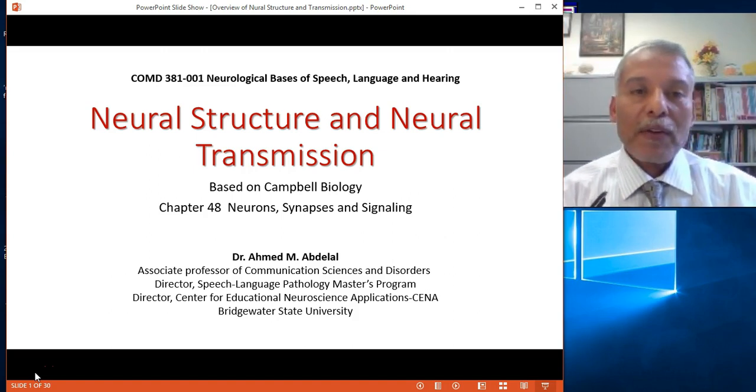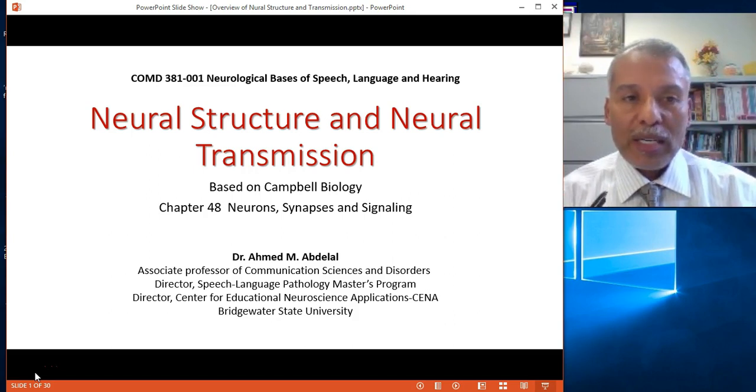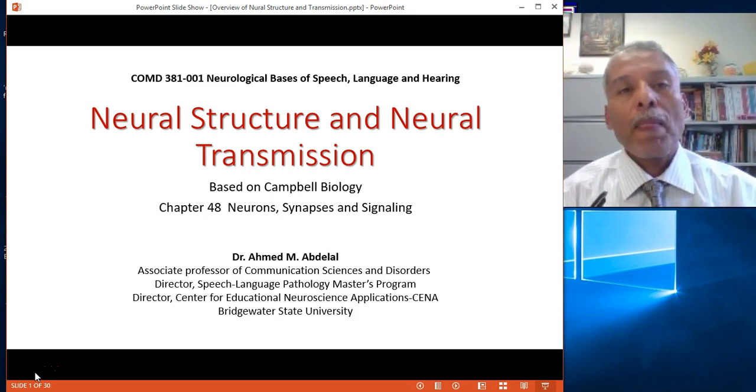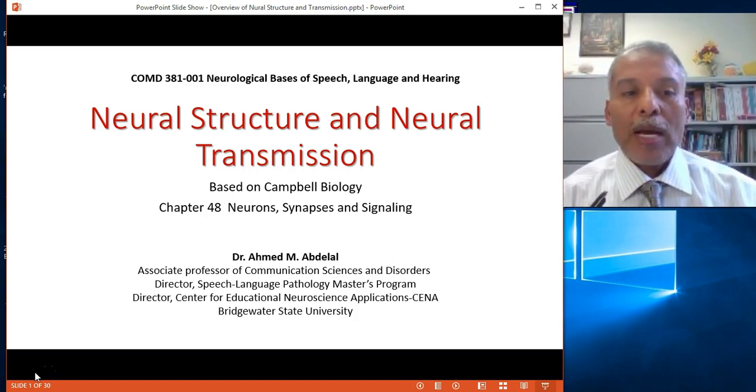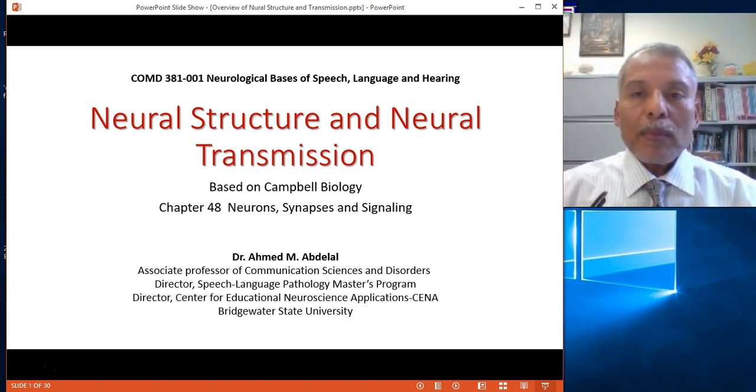In this first section, we are going to look at the neural structure and the neural transmission. The idea is to begin with the cellular level and then move into structures later.